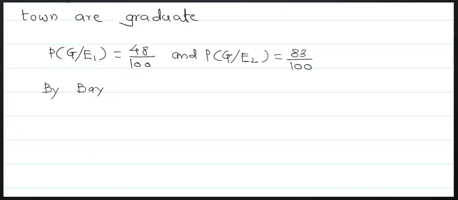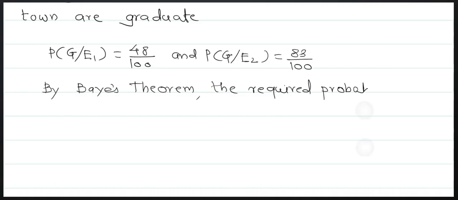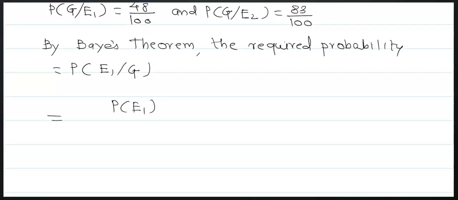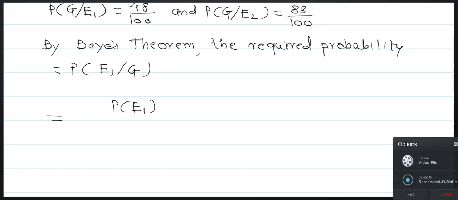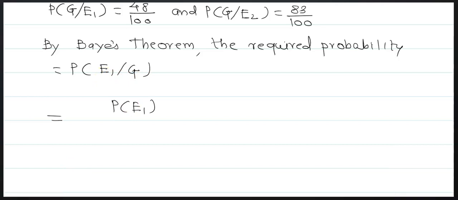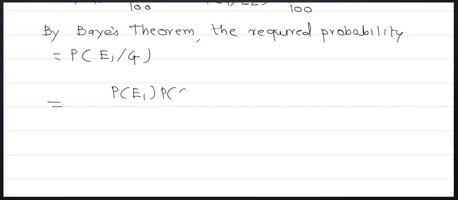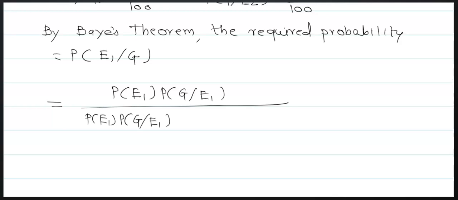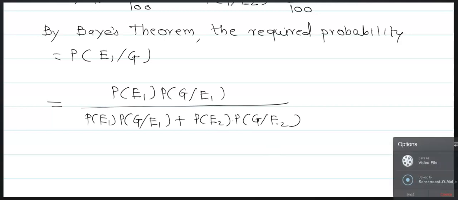Therefore, by the Bayes theorem, we require the graduate woman from the same town. That is the probability of E1 conditional G, which is equal to probability of E1 into probability of G conditional E1 upon probability of E1 into probability of G conditional E1 plus probability of E2 into probability of G conditional E2.